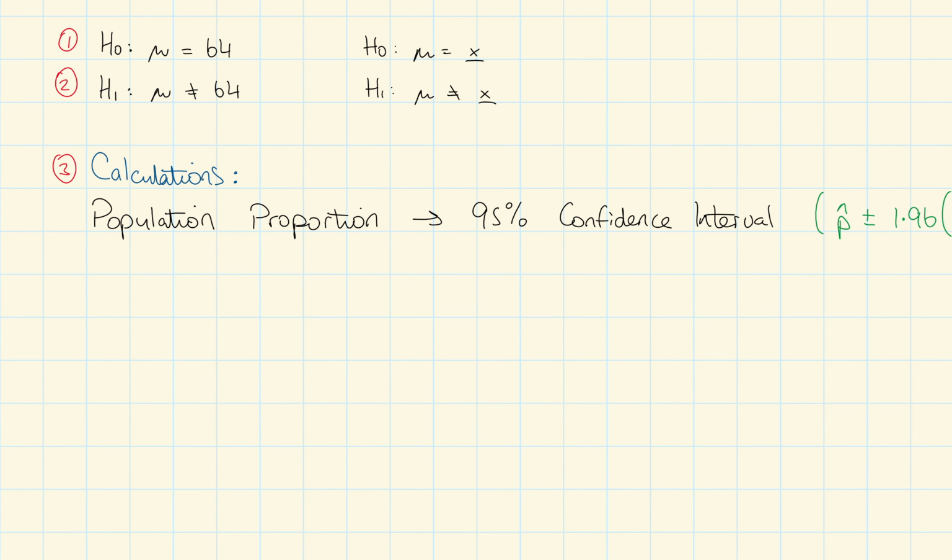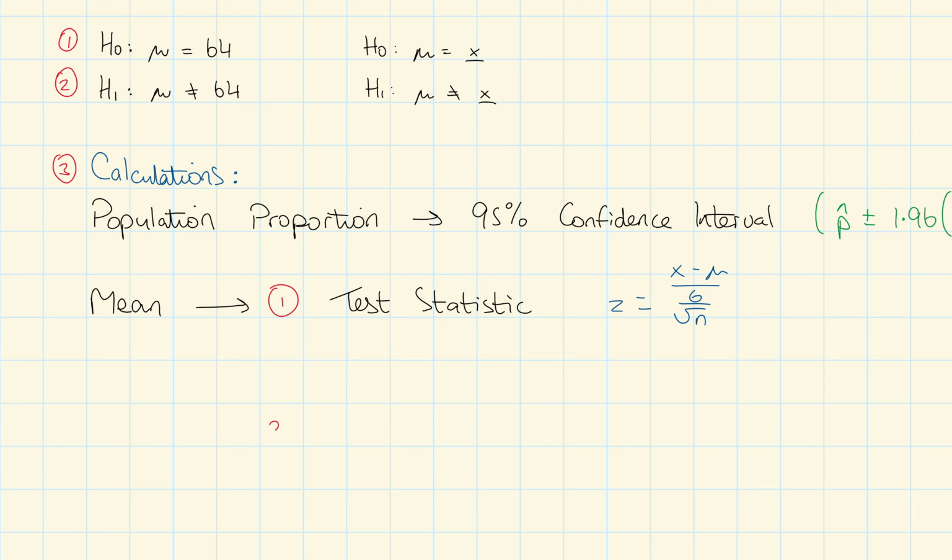And you'll know already from the previous videos that our formula for that will be p hat plus or minus 1.96 times the root of p times 1 minus p all over n. Okay, and then if we are given a mean, we have two approaches. Our first choice is a test statistic. And that'll be z. Z is equal to, it's in your log tables, no need to memorize.